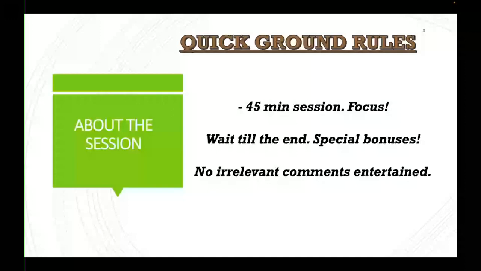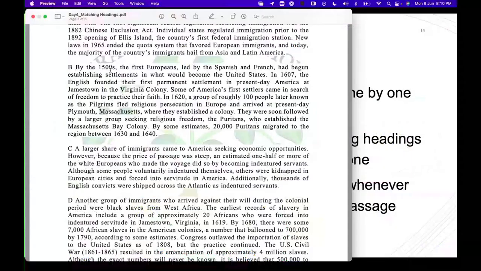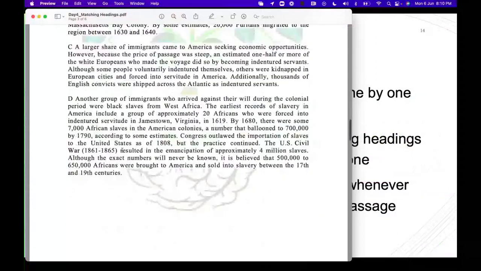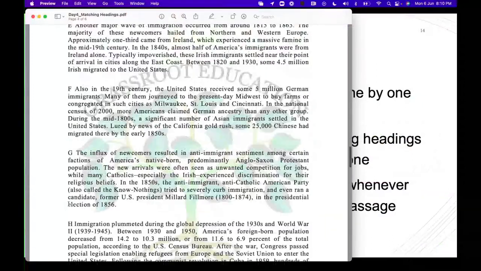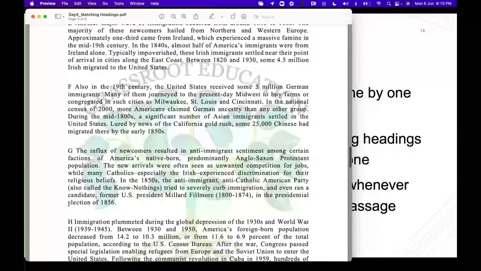What you're supposed to do with matching headings is that you have a bunch of paragraphs that look like this. They're all labeled with alphabets, and there can be at least 7 to 8 paragraphs, whatever test you're writing, academic or GT.